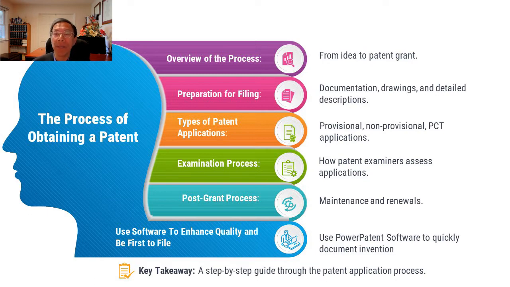And so PCT is a useful mechanism to defer some of the international expenses because it delays the international filing date up to 30 months from the first filing date. So you can wait to file internationally up to 30 months and still get the priority date of your first filed application. If you have questions, just text me on that.